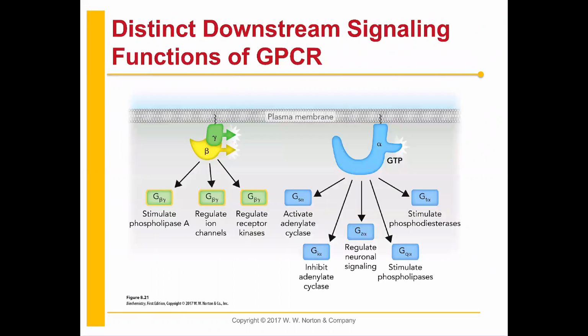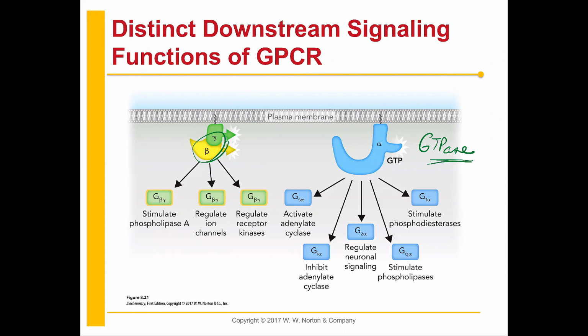But all right, so there are many different types of each of these subunits of the G proteins. The G alpha is a GTPase. The beta and gamma are not. Only the alpha is a GTPase. The GTPase has the ability to hydrolyze GTP into GDP. And so for each type of G alpha protein, you have distinct downstream pathways.